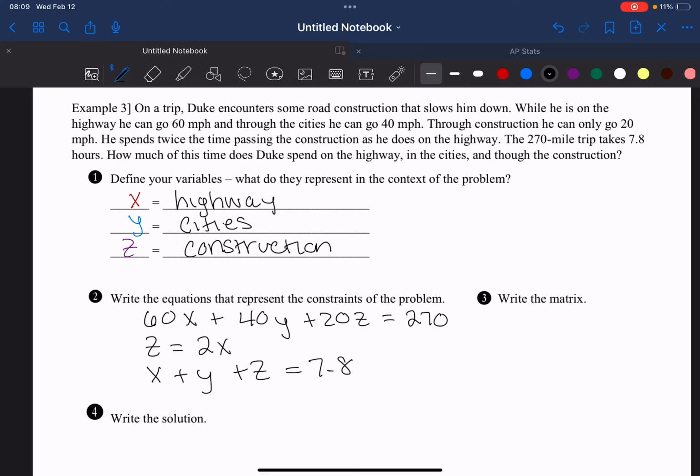Then it wants us to write a matrix. So the first one we have 60, 40, 20, and 270. Then we have, remember, everything needs to be on the same side. So we have negative 2, 0, 1, 0, and then 1, 1, 1, 7.8.